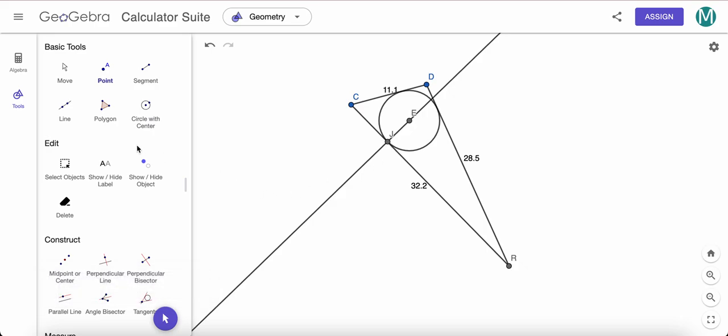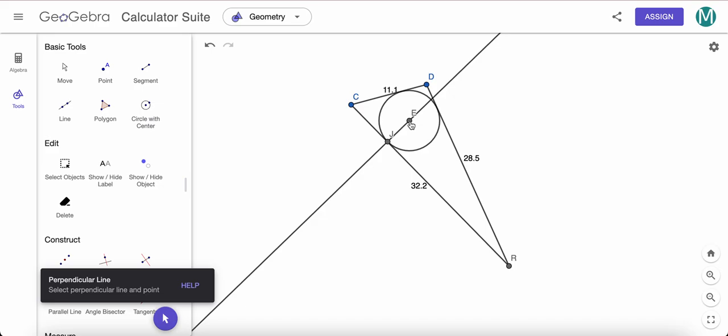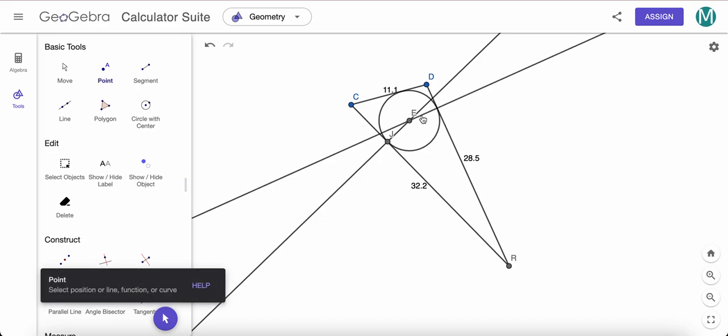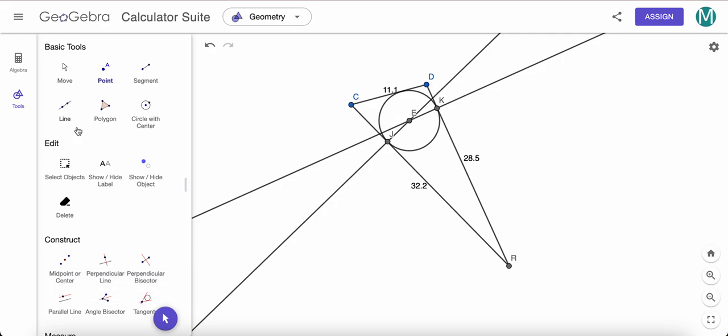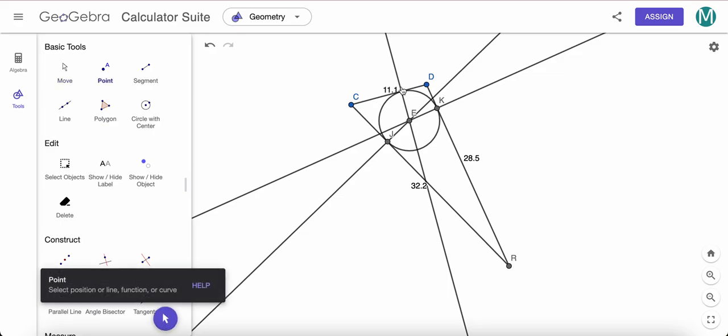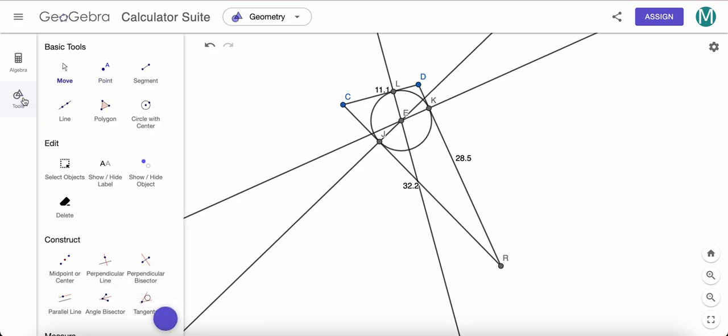Okay, and the other one is from this point here. Yes, this might be the point, and the other one is going to be, okay. Now let's give the names of these. Okay, now I'm gonna hide this.